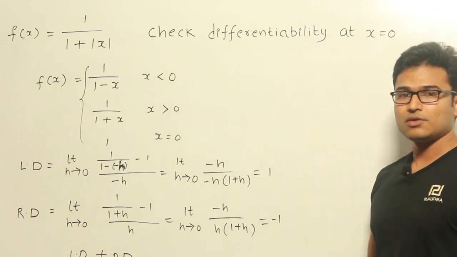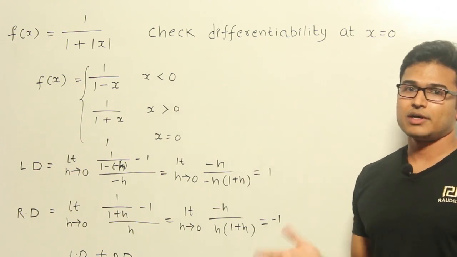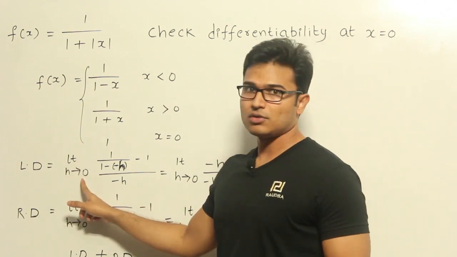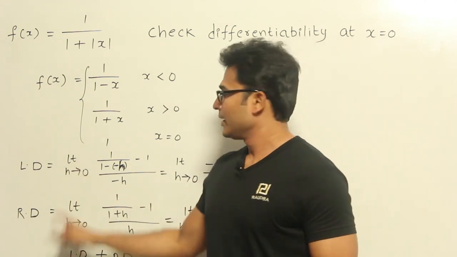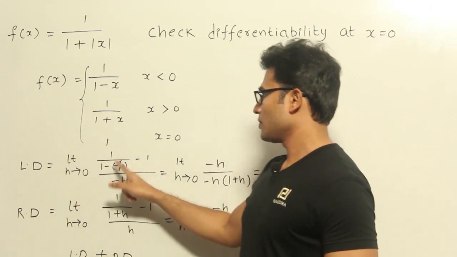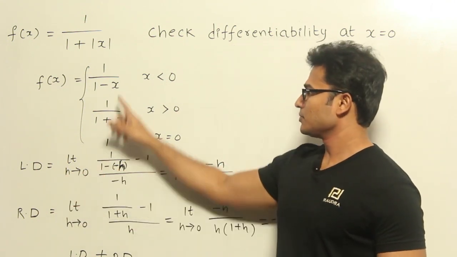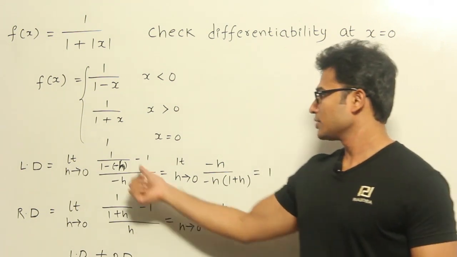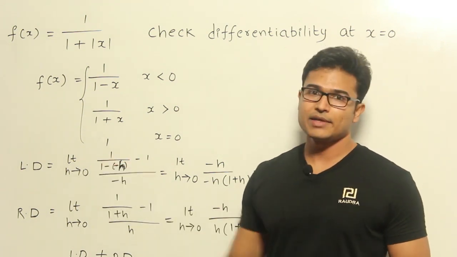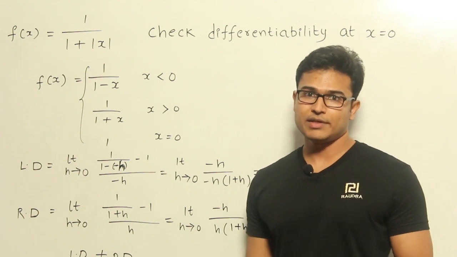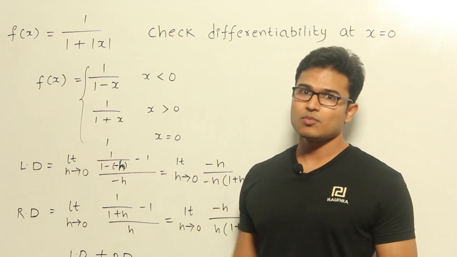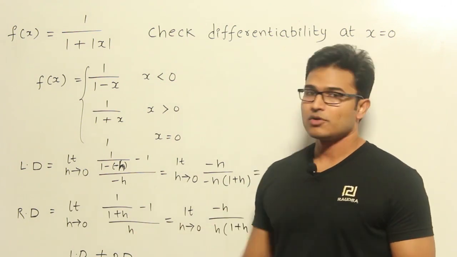Now let's find out the left derivative and right derivative. The left derivative is the limit as h tends to 0, where h is a small positive number. Whenever you are talking about the left derivative, you are talking about f of 0 minus h, which means f of minus h, a negative number. Why? Because h is a small positive number, so minus h is a negative number.